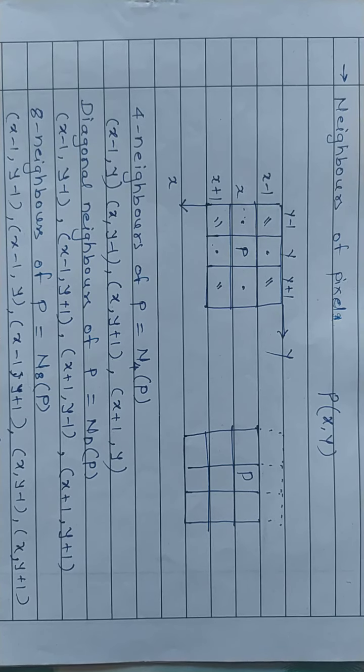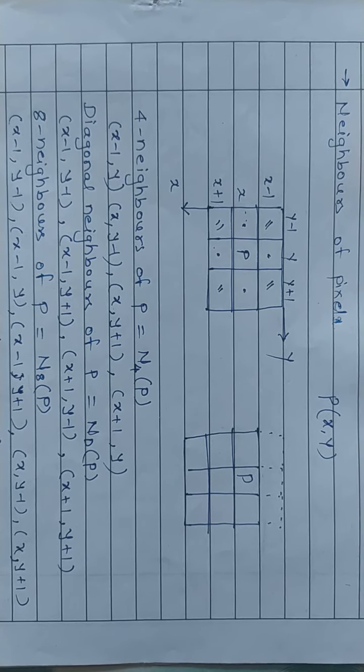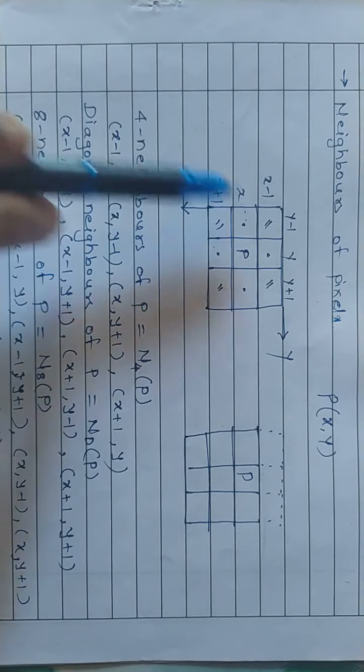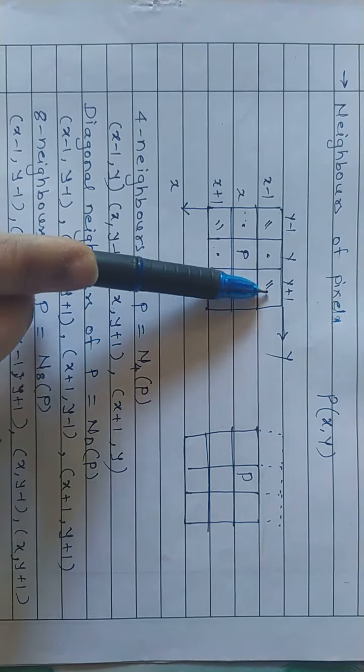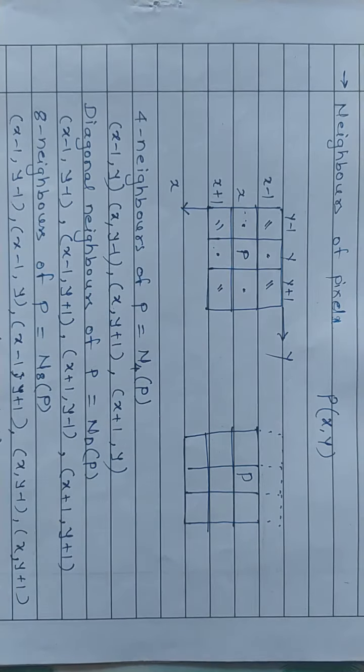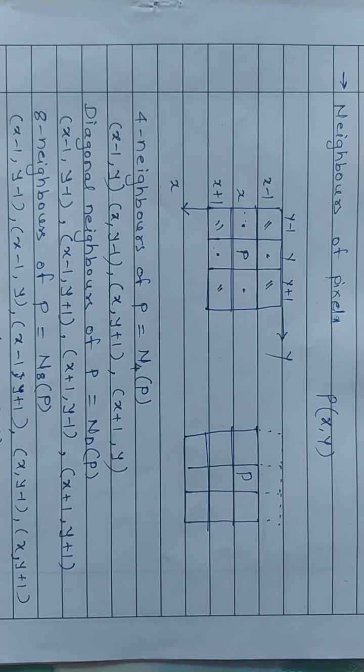So a total of 8 pixels are present at the 8 neighbor positions of pixel P: 1, 2, 3, 4, 5, 6, 7, 8. These are the 8 neighbors of pixel P.